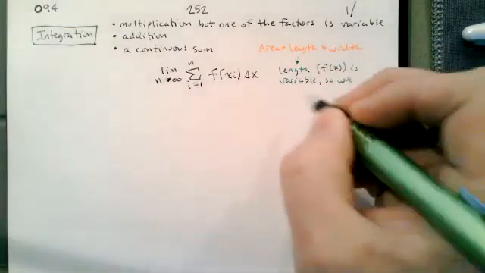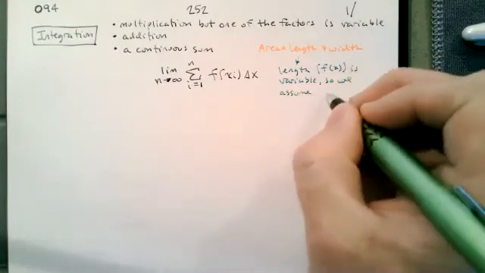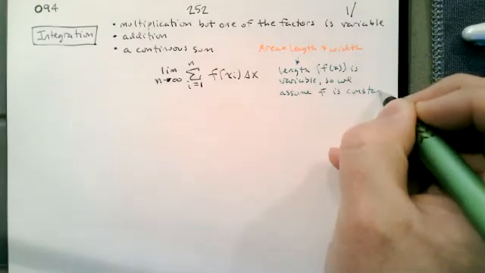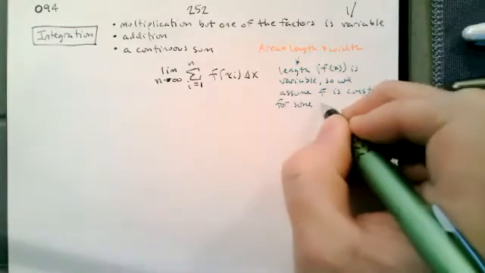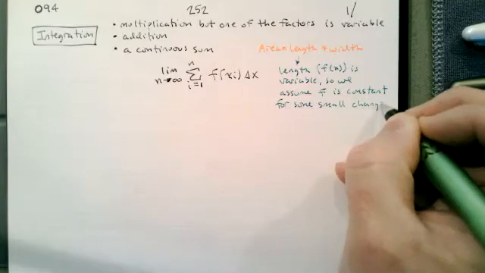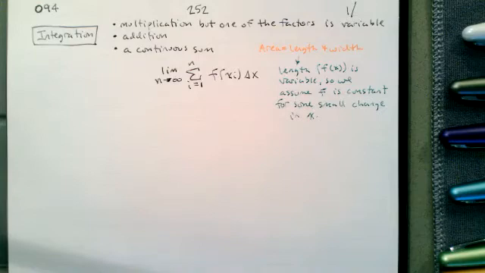So we assume length is constant for some small change in x. Because if delta x is small enough, then the function is continuous, then the function isn't going to change that much.